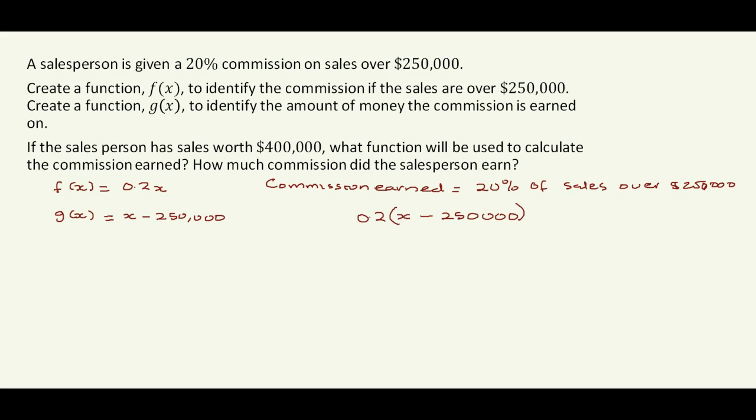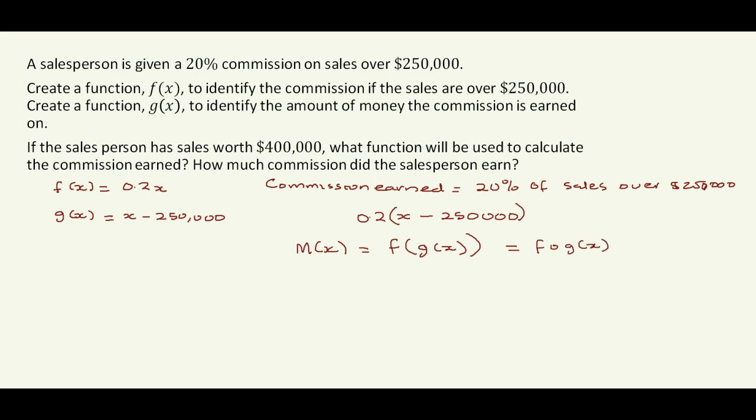So what we see here is that our composition now, let's call this M of x for the amount of money he earned, is going to be, we can see here that the inner function is g of x, and then f of x is the outer function. So which is the same as f o g of x.